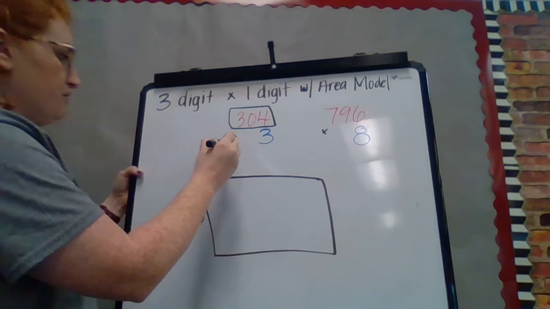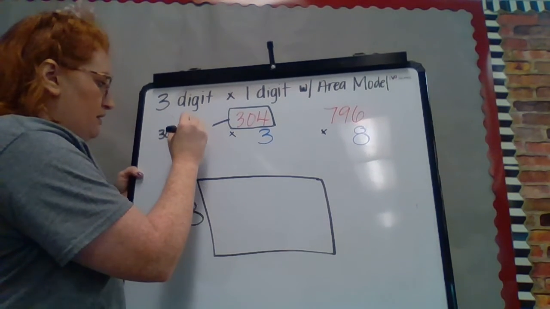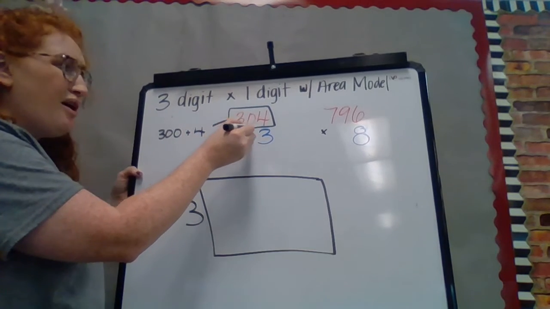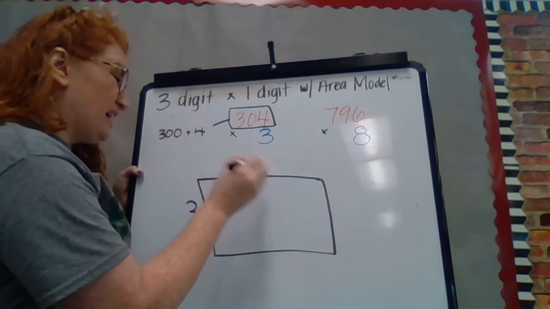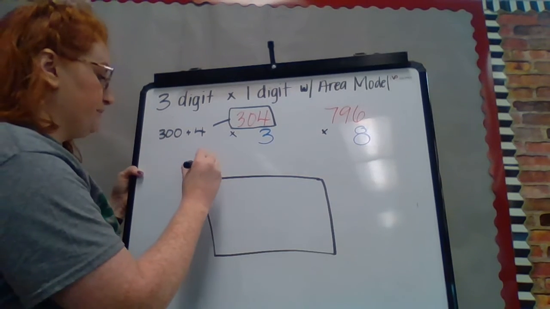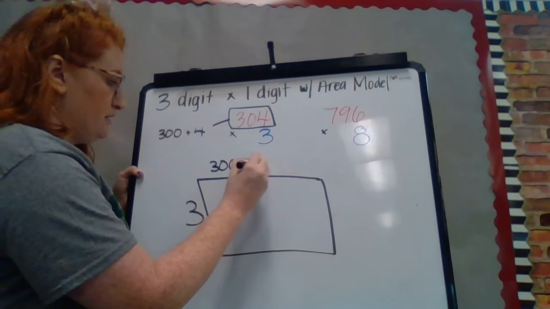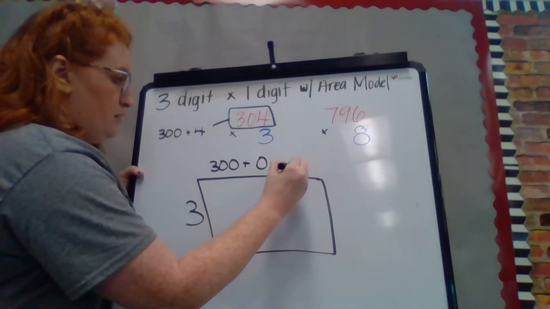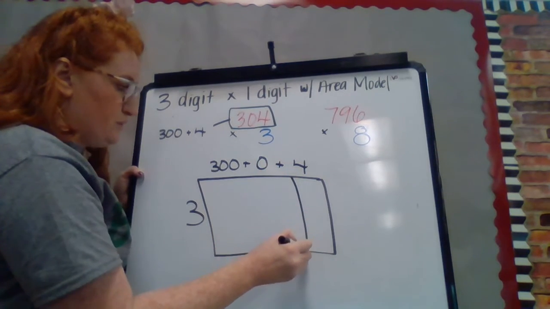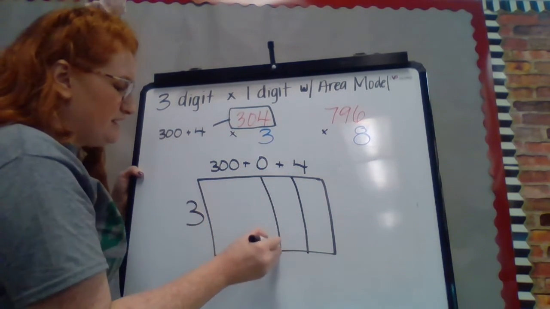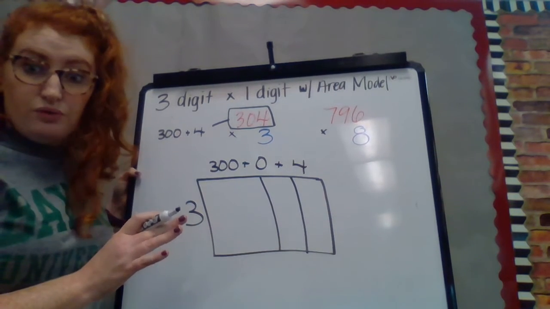So 304 is 300 plus 4 because there's no value in the tens place right now. I'm still going to do the 3-slot box just to show you. So I've got 300 plus 0 plus 4. This takes up less room, and I'm going to give this one just a little bit of a slot just because I want to show you how it works.